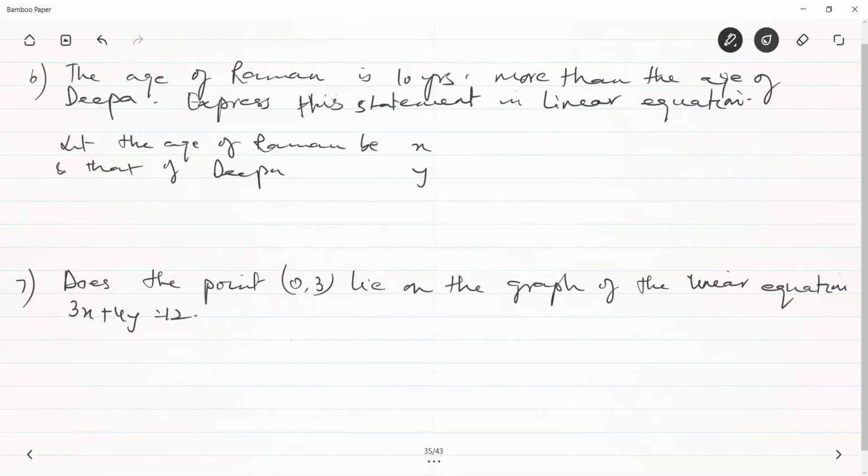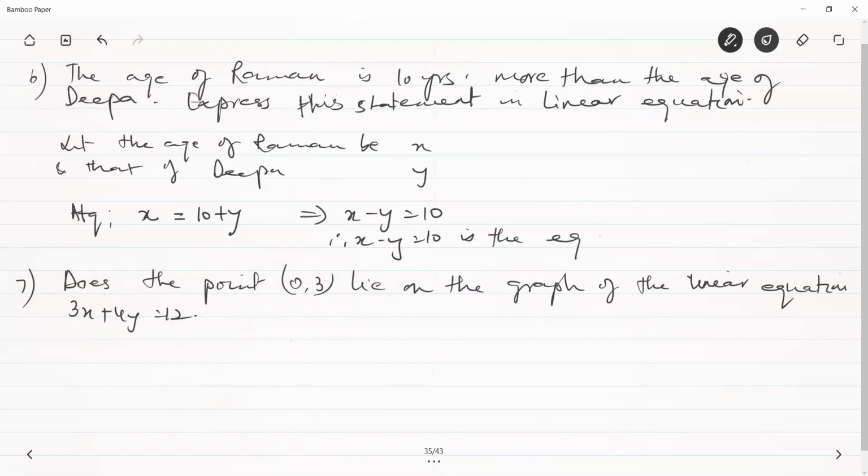Now, Raman's age is expressed in terms of Deepa's age. So Raman's age is equal to 10 more than Deepa. So you can write x minus y is equal to 10. This is the equation.